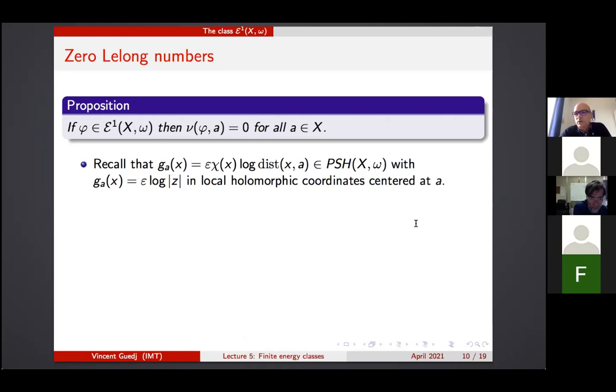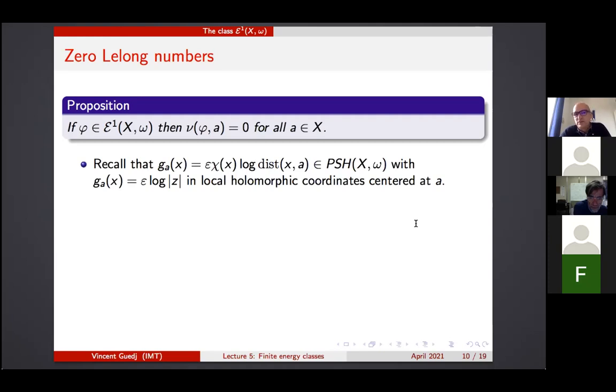You want to now take this local model and cook up a global omega-psh function. So you take a cutoff function chi, which is identically 1 near the singularity, and which is 0 rather quickly, so that chi composed with the log is well defined globally on X. You use this cutoff function to cook up a global function, and then you compute the curvature, so the dd^c of that.